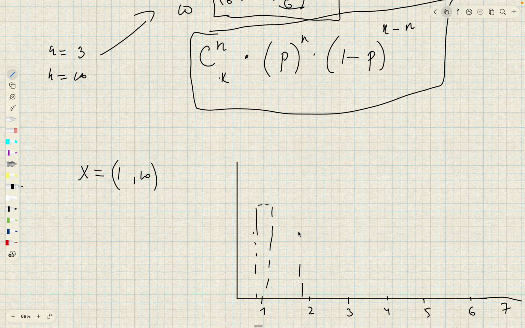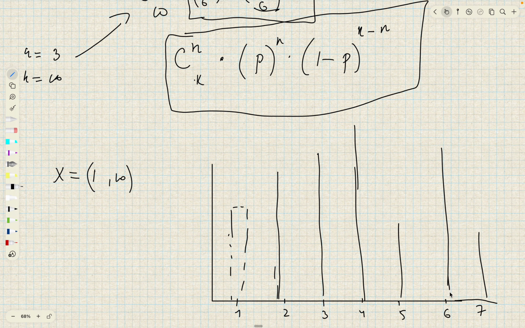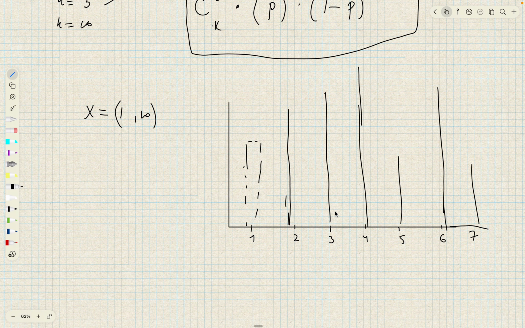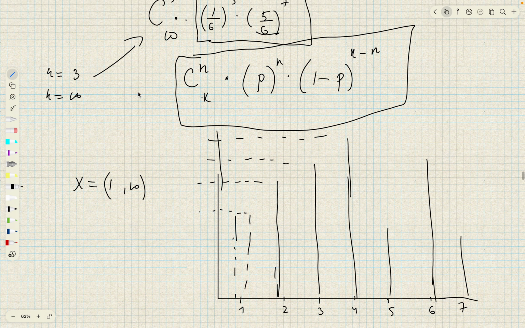Then 2 times will be something like this. Okay, like this. So this is a binomial distribution. And what are these? It's just simply this formula. We calculate this with this formula here.